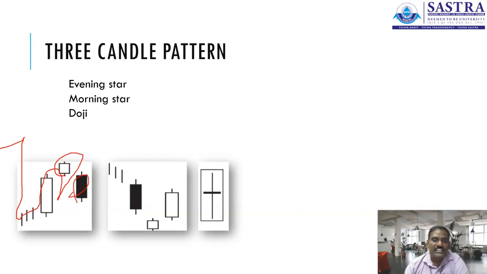The morning star is where, after positive price changes, a drop below that particular point lets us identify a positive trend, and abnormal profit is identified. That abnormal profit we can classify as a morning star. And the dojis are where the opening price and the closing price are the same for the specific trading day, classified as a doji.